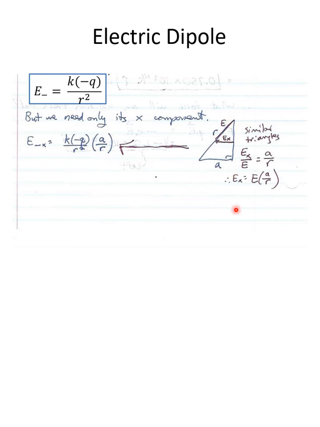That means the x component of E is E times a over r. So now I can say that the x component of the field from the negative charge is k times negative q over r squared, times a over r.